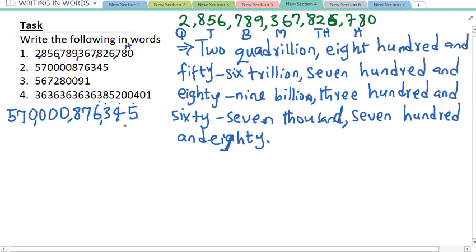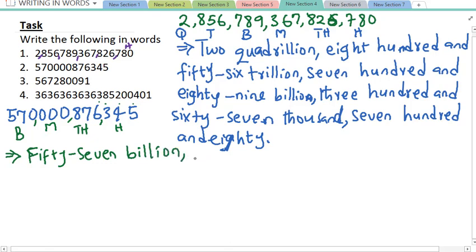So this is the hundreds part, thousands part, million, and then what do we have here? This part is billion. So let's write this number out. So this will be 57 billion.